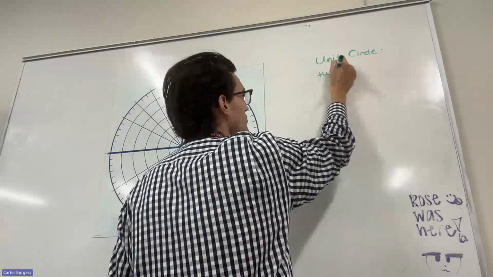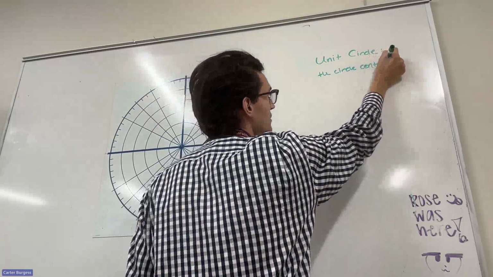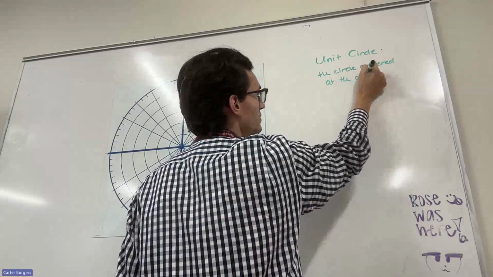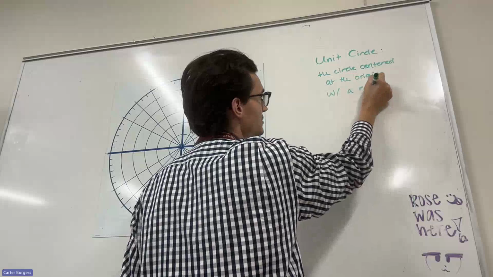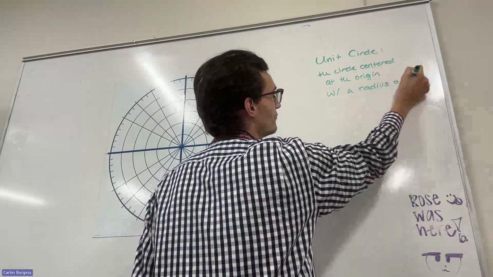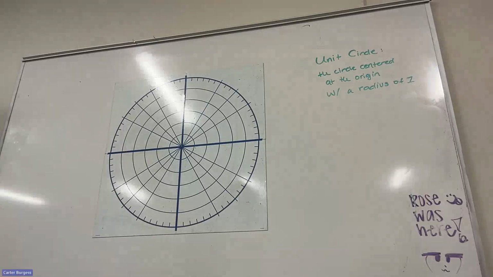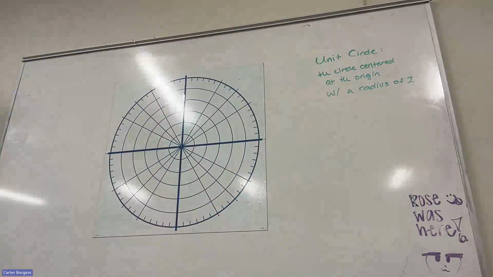In particular, this is the circle centered at the origin with a radius of 1. We're going to see that the radius of 1 is the important piece of information that we're going to use, and that's how we're going to derive a lot of the information that we will see from our circle here.